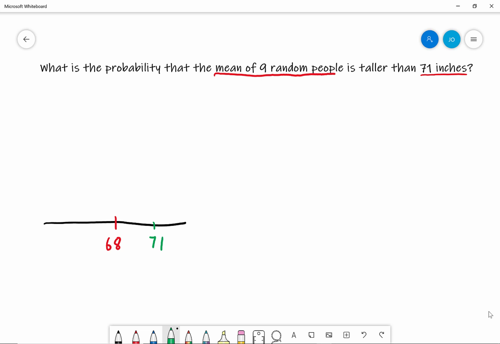The only difference now is, now that we're dealing with the mean of 9 people, the more observations we have, the smaller our spread is going to become. So what's going to change in this problem is our spread. And we're going to denote the standard deviation now as sigma x bar, which we called the shorthand word the standard error, the standard deviation of a sampling distribution.